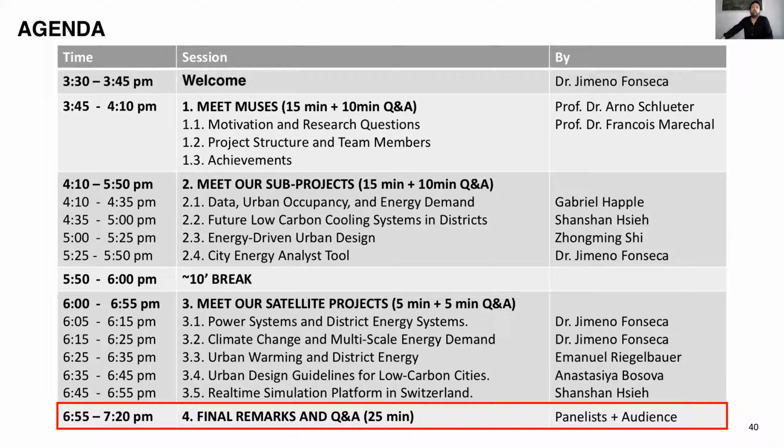At the beginning, we got a great introduction by our principal investigators, Dr. Arnaud Chiluta and Francois Marechal, about the main motivations of CA and MuSES as a project. What we saw is that there is a strong interest and a strong need for approaches that integrate multiple perspectives from urban design, building engineering, and process engineering, to better understand how to achieve those low carbon cities.